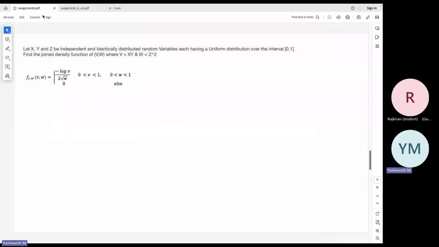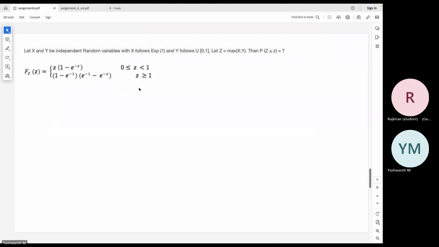Yeah. And we are given two independent random variables. One has an exponential distribution, another is uniformly distributed, right?